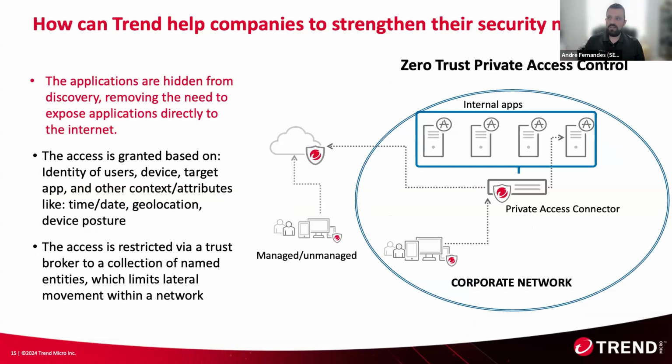And this red tag on the left side of the screen, the applications are hidden from discovery, removing the need to expose applications directly to the internet. The architecture of our solution is different compared to what Palo Alto is offering to the market. So we don't really need to expose, for example, this private access connector, that's the equivalent of the GlobalProtect appliance or the GlobalProtect service.